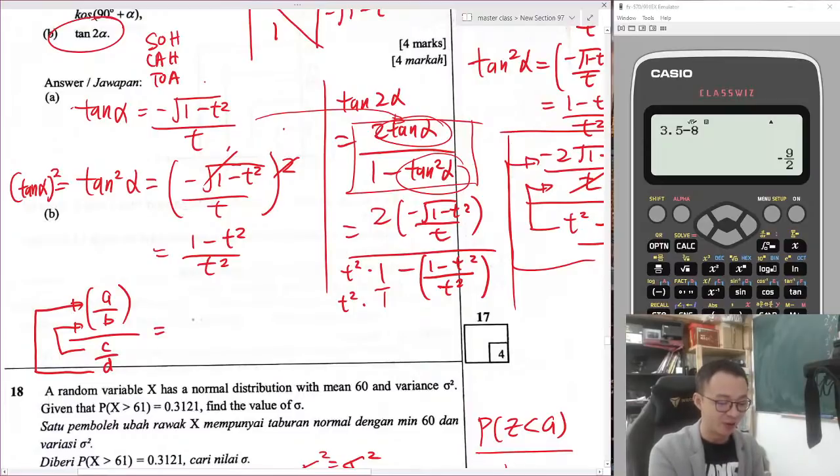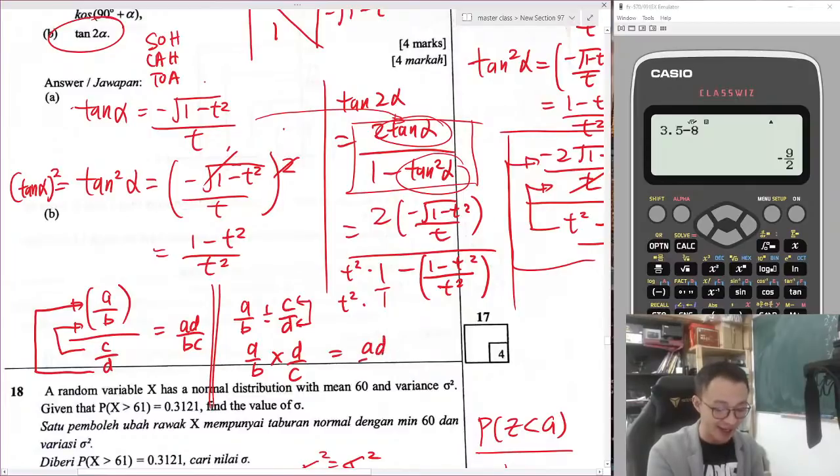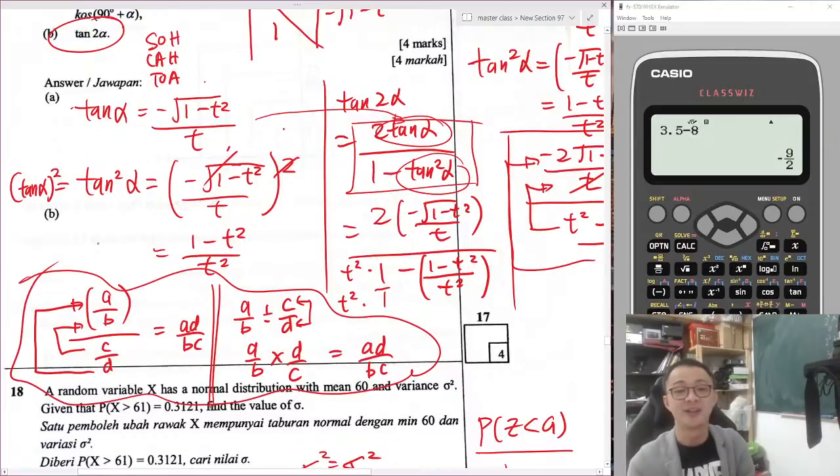So one of the faster way is I will say this is ad over bc. Okay, but if you cannot understand this, you can do a over b divided by c over d. Then a over b multiply d over c, because divide you need to flip over, isn't it? So therefore you still getting back ad bc. Okay, this is a lot of fraction thing you kind of need to understand, then you solve it.